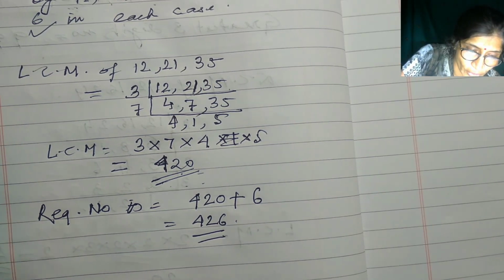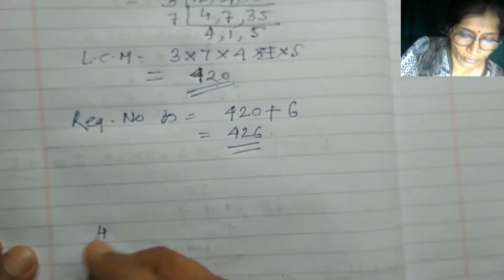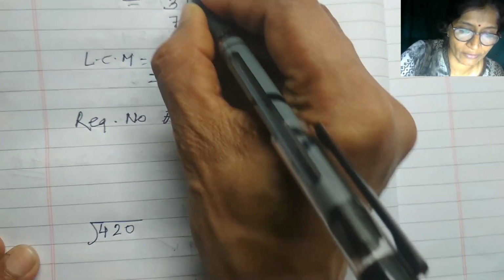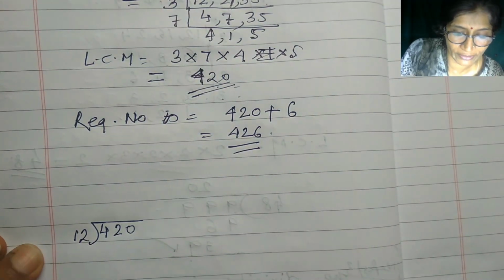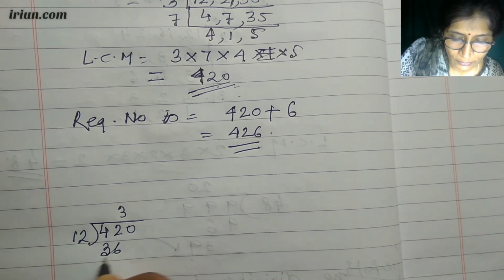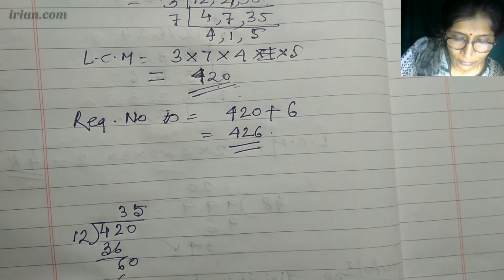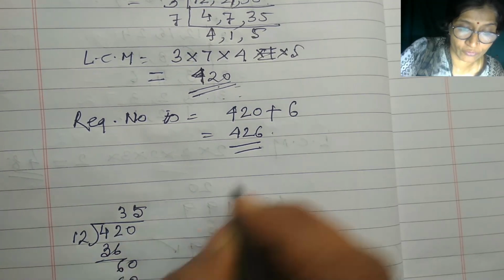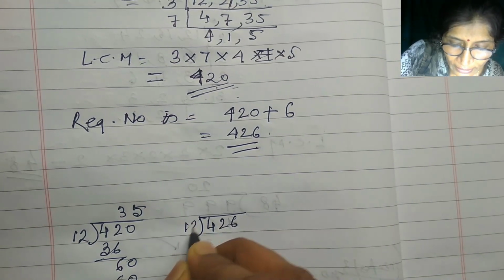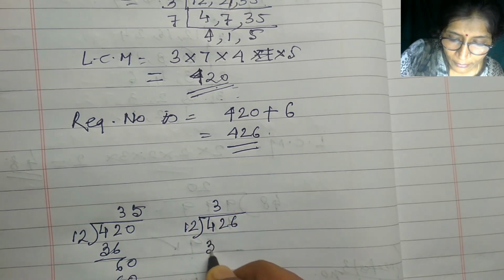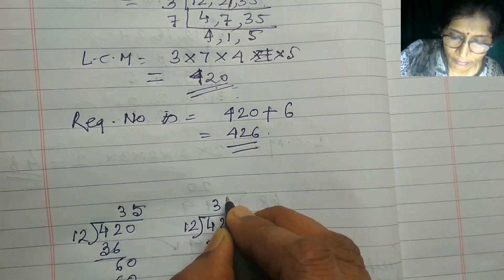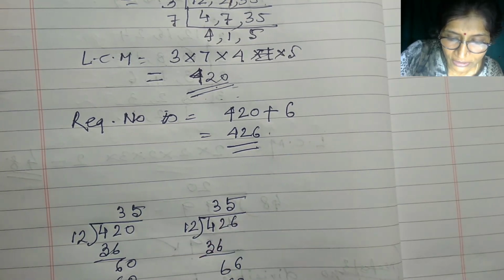See here, 420, when I divide it by 12, it will be completely divisible. But 426, when I divide it by 12, then what will happen? The remainder will be there because 6 is extra here. 6 is the remainder.